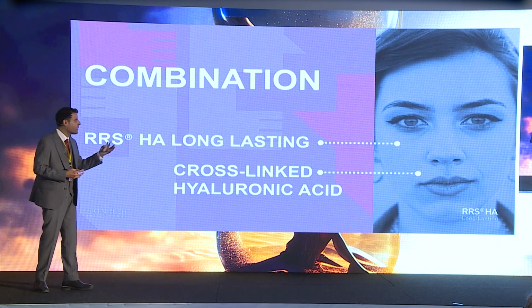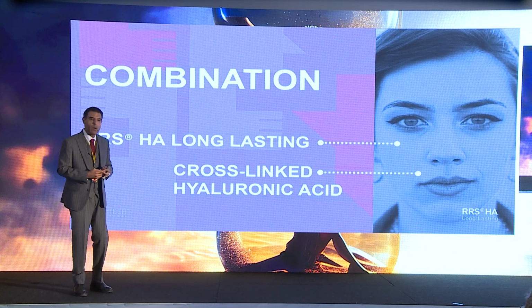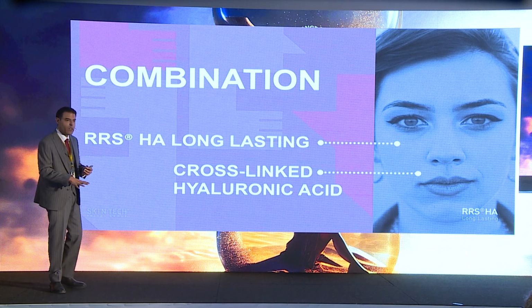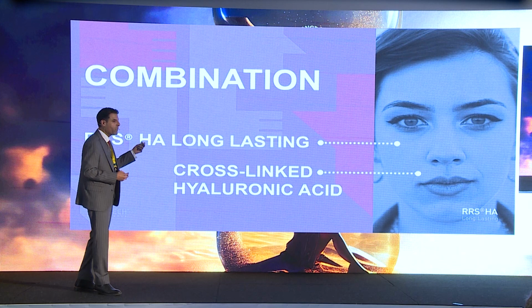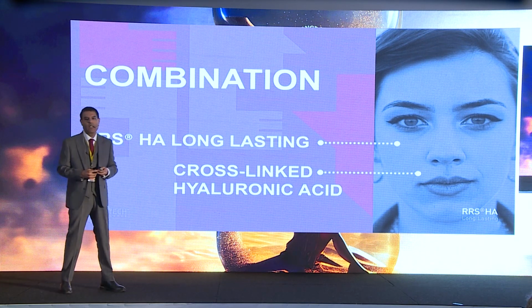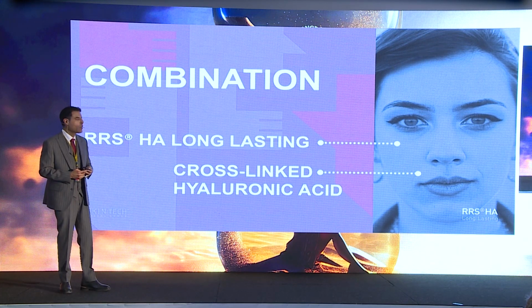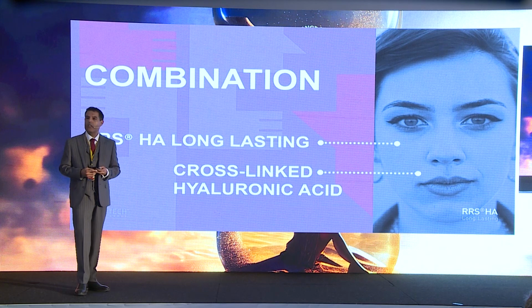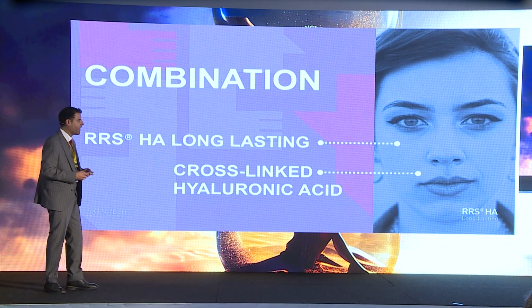You would do this possibly 1 to 2 weeks apart, where your first treatment is for the heavier filler, much deeper, and then we can go a bit more superficially with the RRSHA long-lasting 1 to 2 weeks later, and the results are much more significant and longer-lasting, and they work synergistically together without any interference.